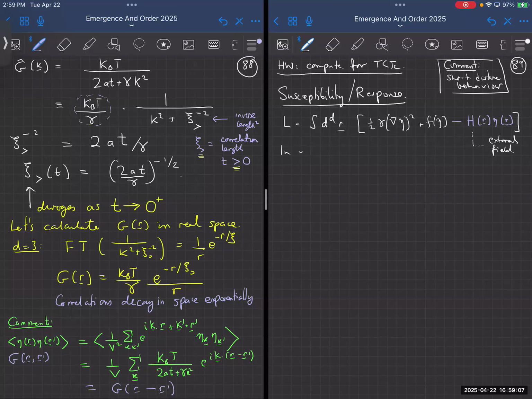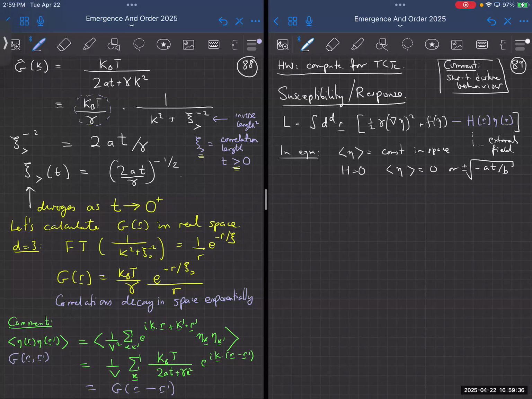In equilibrium, we have that the expectation value of eta is a constant in space. When h is equal to 0, we have eta is equal to 0, or if you're below Tc, minus AT over B, square rooted like that.